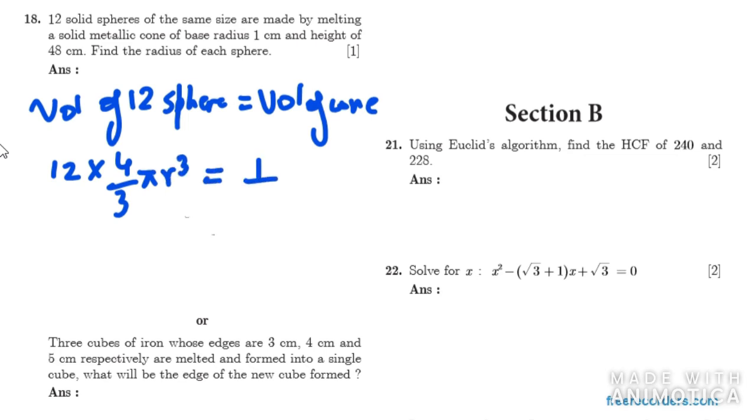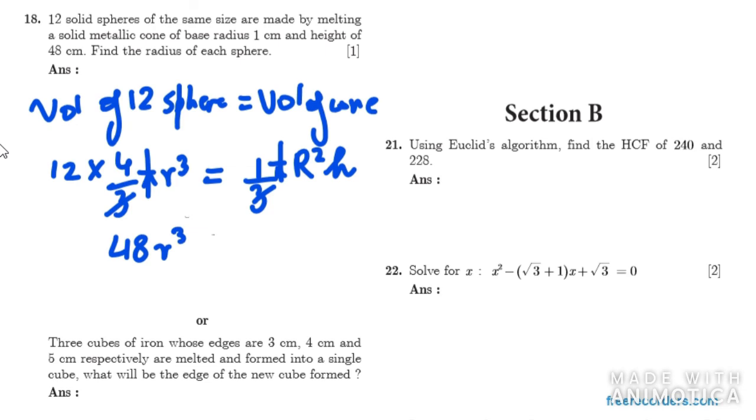Now volume of 12 spheres be 12 into 4/3 pi r cube equals volume of cone. It will be 1/3 pi, keeping the r different from the sphere, so pi r square h. Now reducing the values, 3 and 3 gets cancelled out, pi and pi gets cancelled out here. So on the left hand side we are left with 48 r cube.